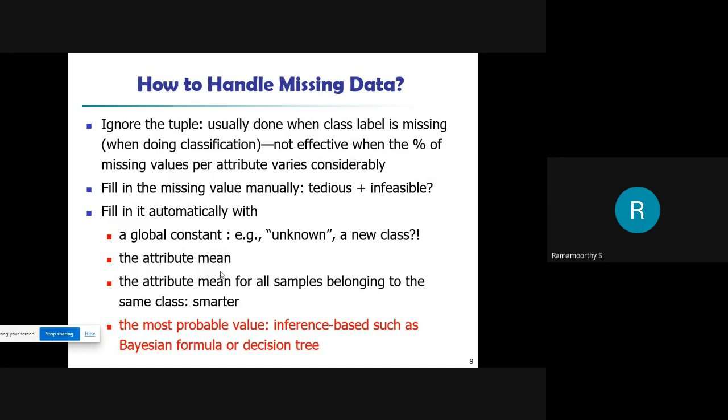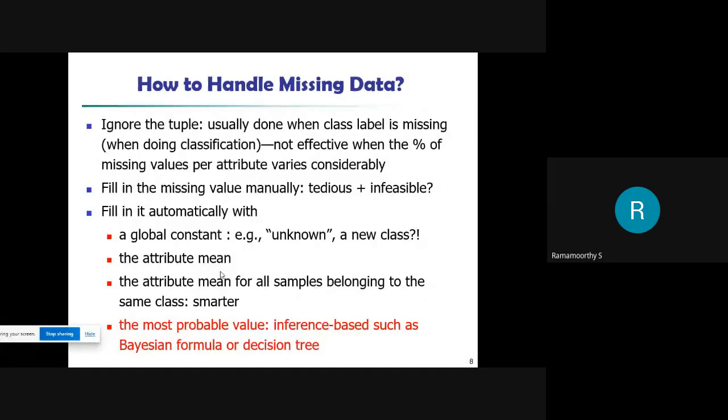Or the attribute mean for all the samples belonging to the same class, right? This is also recommended for filling the missing data automatically. So you can fill the missing value manually, or you can automate it by introducing the global constant or taking the attribute mean, right?